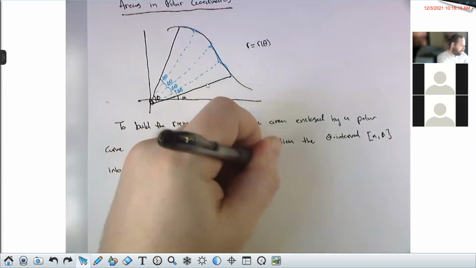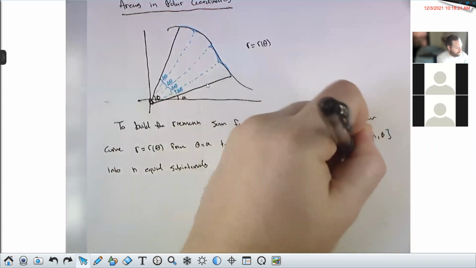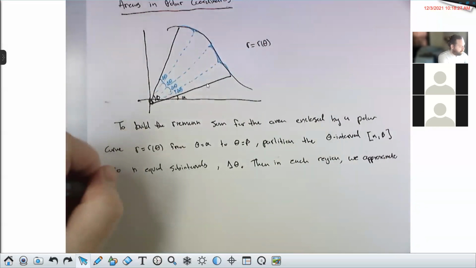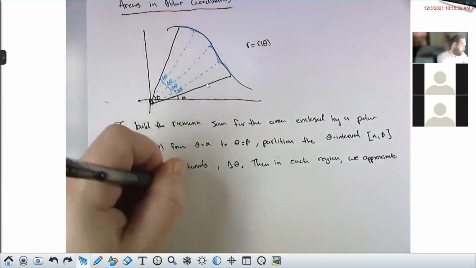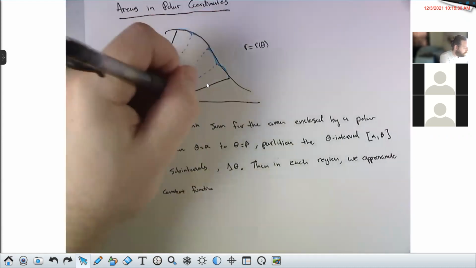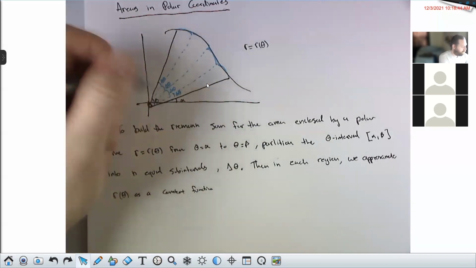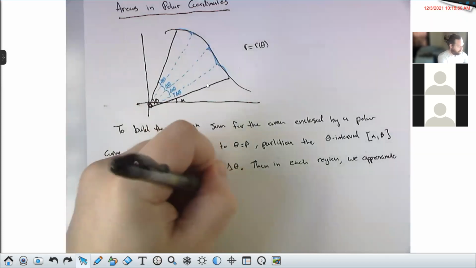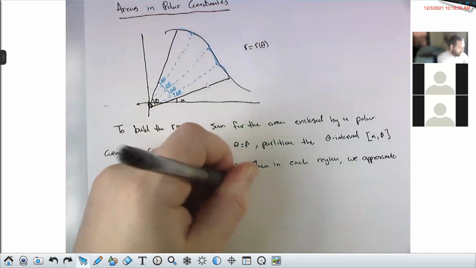Then, in each region, we approximate r of theta as a constant function. So alpha you could call theta 0, and then this first angle here you would call theta 1, theta 2, theta 3. Constant function r of theta i.